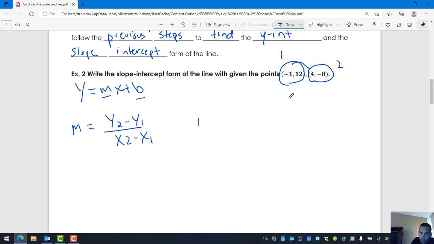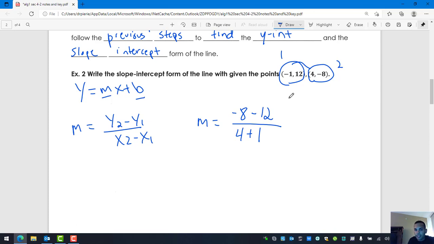So to find my slope, I first plug in y2, I jump to point 2, and the second coordinate is -8. I subtract y1, which looks like it's positive 12. It's over x2, which is 4, minus x1, which would be minus -1, but if we do minus negative, we obviously know it becomes +1.